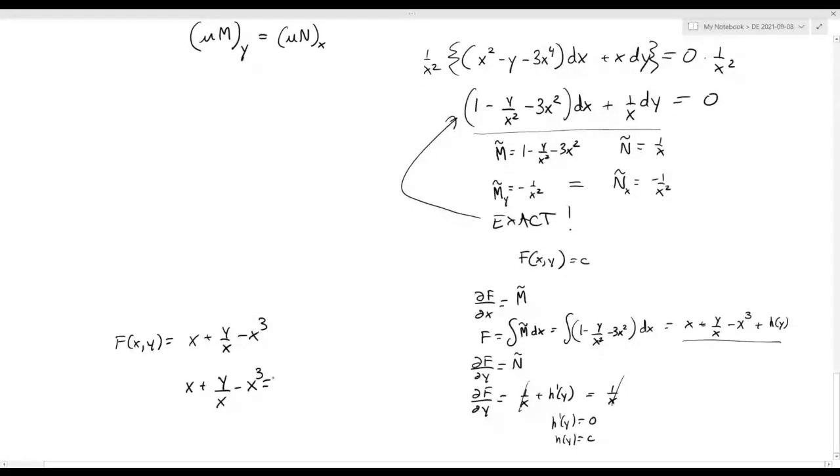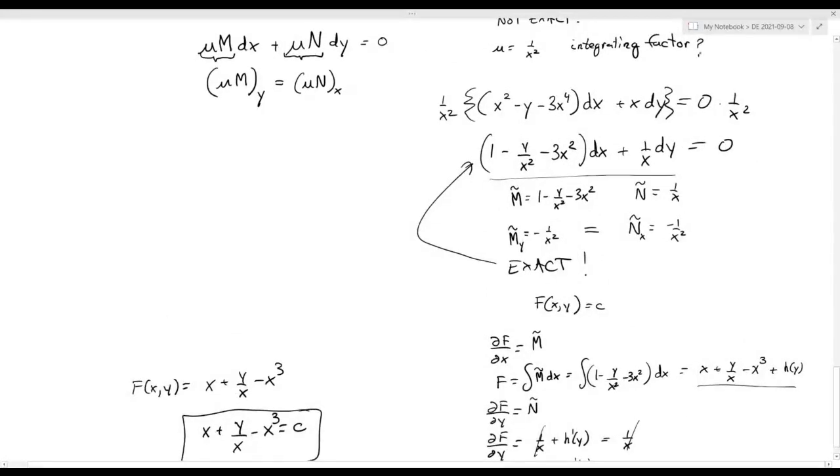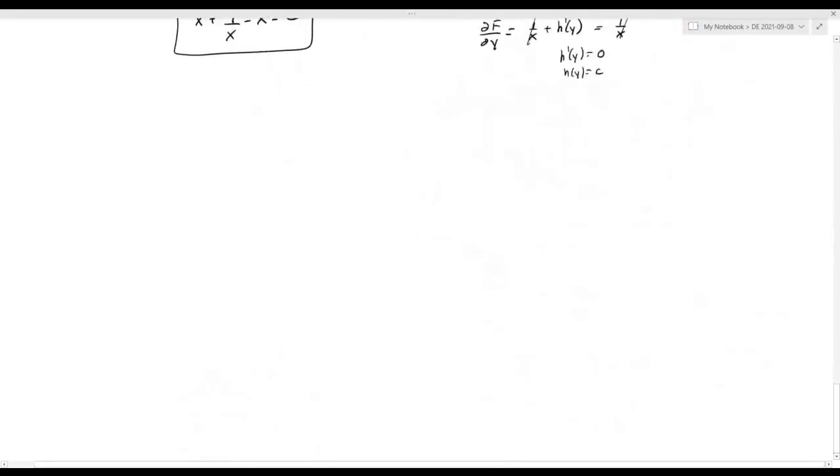So the question is, how do we find this integrating factor? Is it unique? Well, it's not unique, and it's not necessarily easy to find. But because the integrating factor is not unique, maybe we can make some simplifying assumptions about what the integrating factor is like to make it easier to find.